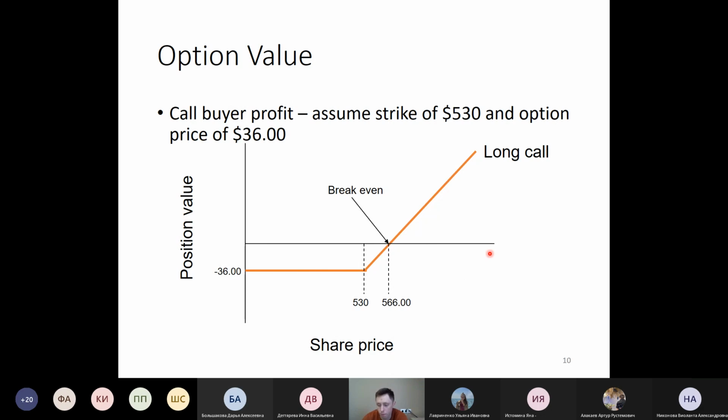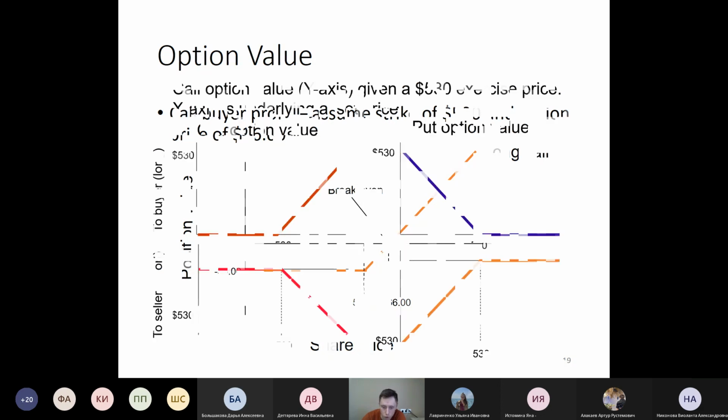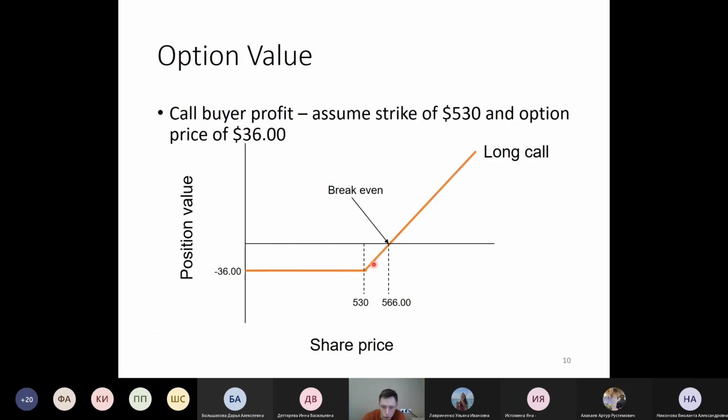If we do it strictly and considering all the factors, we have to redraw those charts in this way. The difference between those charts and this chart would be that we included the option price, as in order to have the option long, we must pay for it.